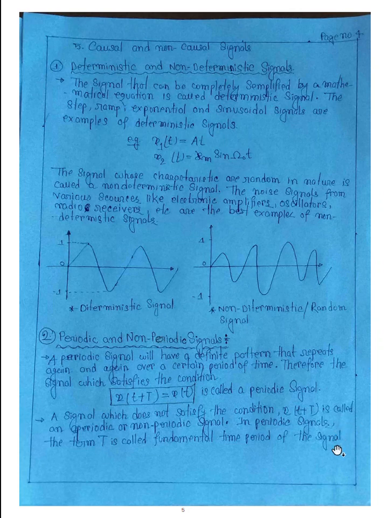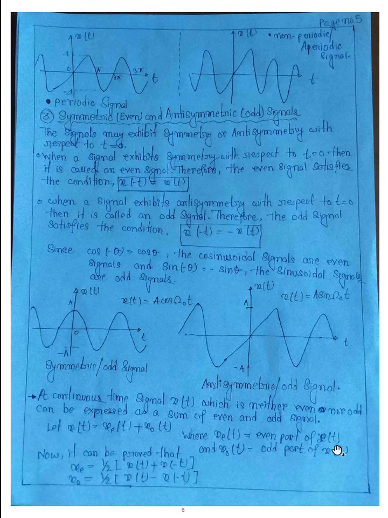Another important characteristic is a signal's symmetry. An even signal is symmetrical with respect to the vertical axis at t equal to 0. The condition is x of t equal to x of minus t. A classic example is a cosine signal because cos of minus theta equals cos theta.